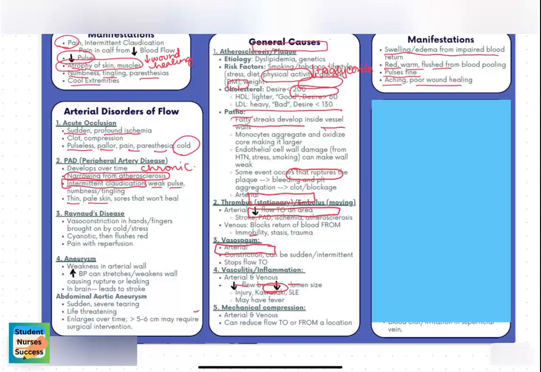Raynaud's disease does not affect all individuals, but people who do have it suffer from vasoconstriction in the hands and fingers that are brought on by either cold or some type of stress. What happens with Raynaud's disease is they will have this sudden vasoconstriction, and their hands will get blue and cyanotic.